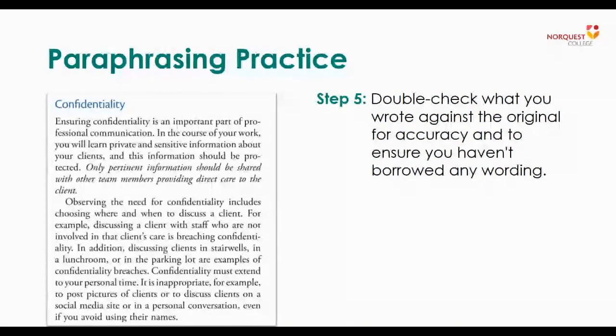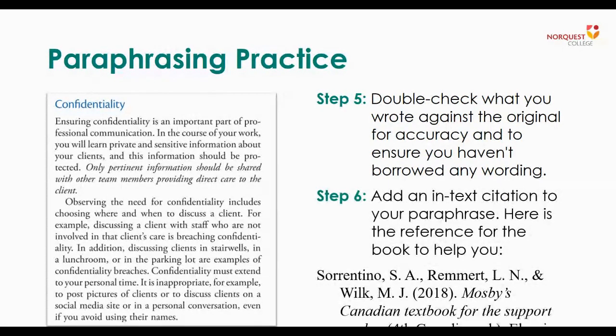Okay. And then last but not least, we have to put an in-text citation on the paraphrase we just made. And so either at the beginning, if you want to rephrase and have the author's names included, or at the end in parentheses, we're going to add an in-text citation to this paraphrase that we've written.